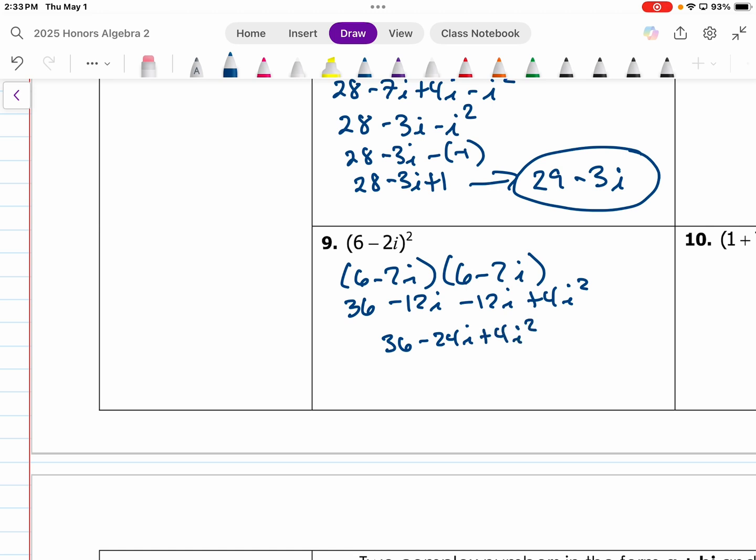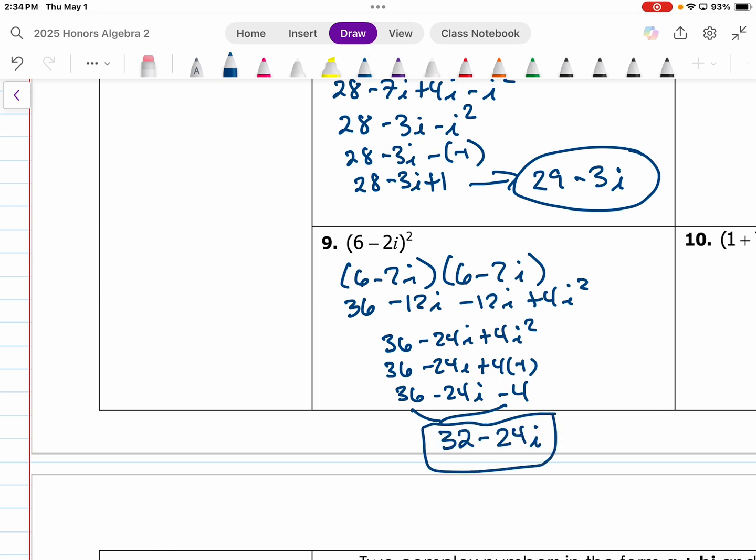Now substitute. 36 minus 24i plus 4 times a negative 1. So that's 36 minus 24i minus 4. And then 36 minus 4 is 32 minus 24i. Go ahead.